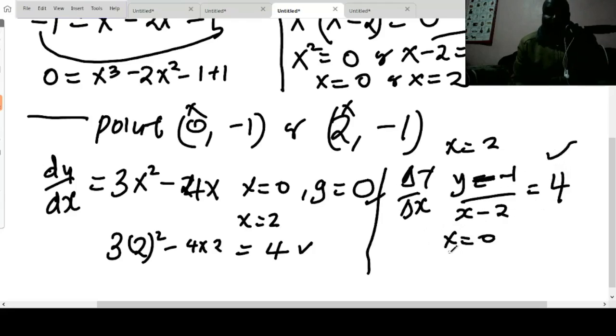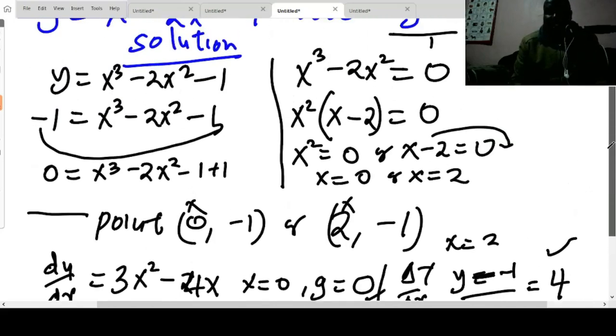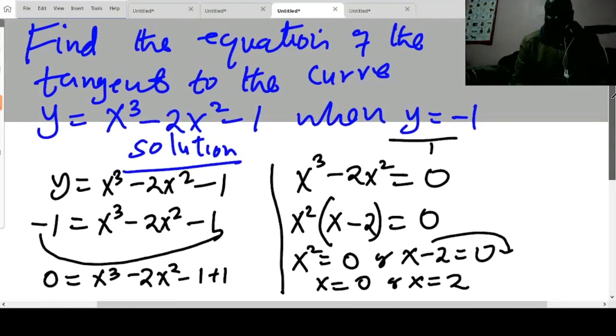And for when we say when x is equal to 0, utasema y minus 1 divided by x minus 0, and the answer is 0. And this one, the gradient, actually the equation is going to be, everything is 0, is going to be y plus 1 equal to 0. Hiyo ndio equation ya when the gradient is 0. As simple as that. I hope umeelewa kenye nimefanya. I hope you have understood what I have done here.